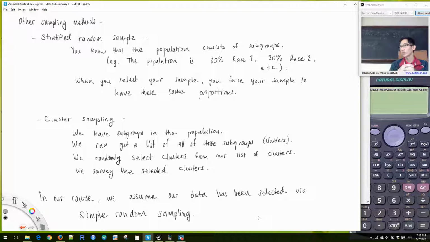Okay? If it's reasonable, then sure, you can go on and believe the results of the study. But if the sample they are looking at is in no way representative of the population, then the results of that study are just not going to be valid.